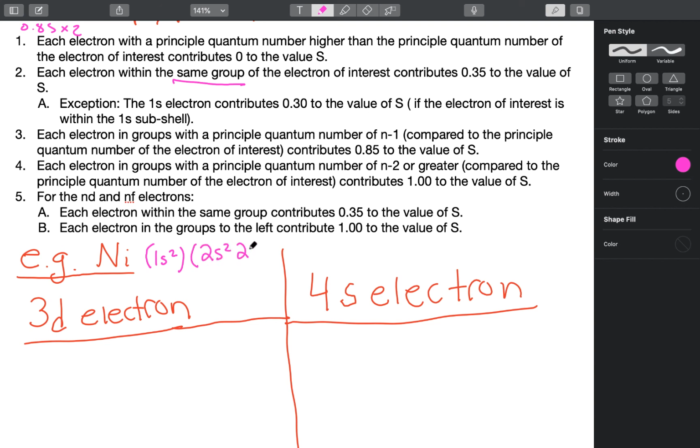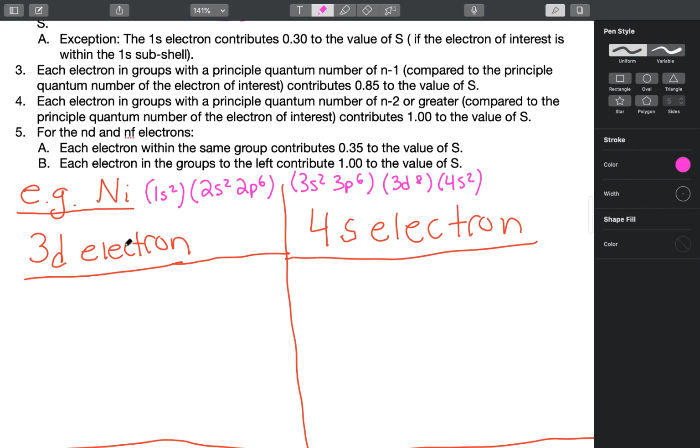Then 2s2, 2p6, so this is our second group. 3s2, 3p6, so this is our third group. And then remember the d subshell is its own group, so 3d8, and then 4s2. So we have 1, 2, 3, 4, 5 groups here.